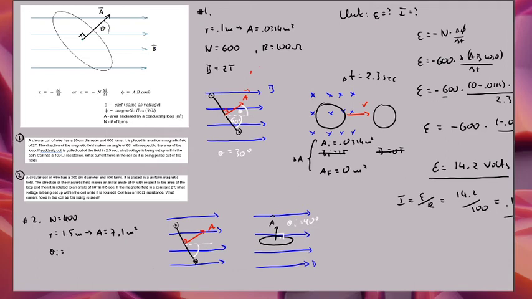So let's state that this thing rotates in half a second, and the initial angle is 90. So this thing rotates in half a second to the angle of, what do we have there? The area of the loop, and then it rotates at an angle of 60 degrees. I guess I could just keep this so that this refers to the initial and this is going to refer to the final.